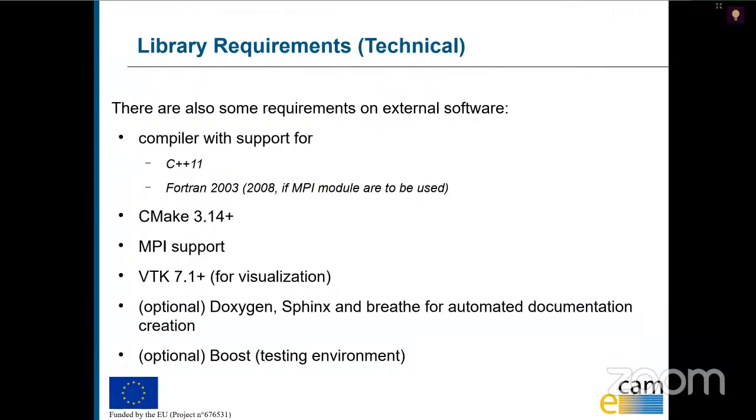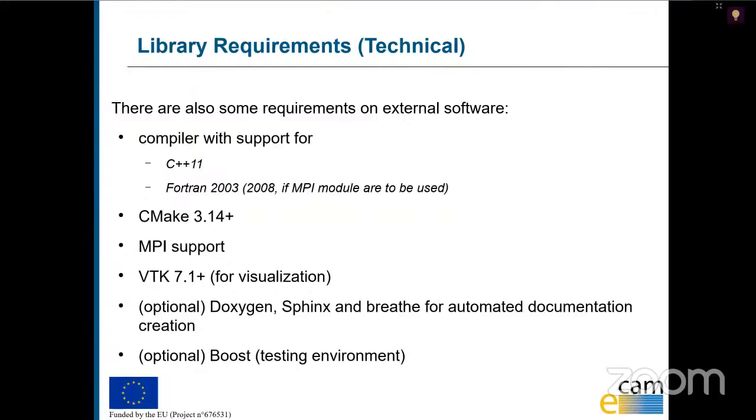Then there are also some technical requirements. The library itself is written in C++ and Fortran, and therefore you need a compiler that supports at least C++11 and Fortran 2003. And if you want to use the more modern MPI F08 module, you even need a compiler that also supports the Fortran 2008 standard.